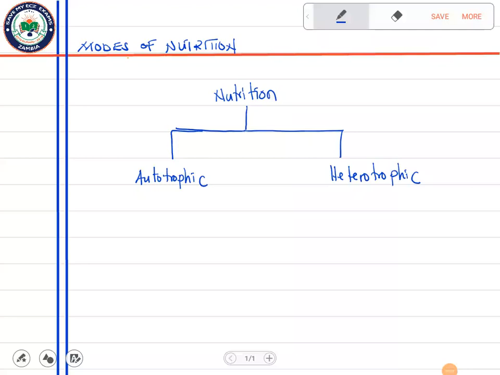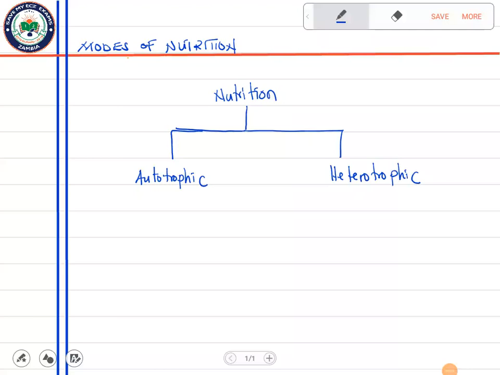Now, on the other hand, heterotrophic nutrition is a type of nutrition where an organism obtains food from another organism. Are we together? That is what heterotrophic is.